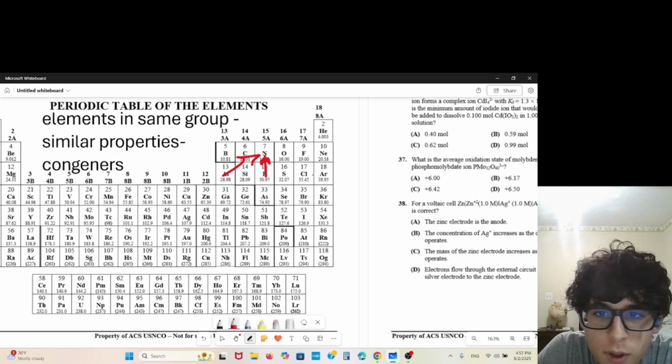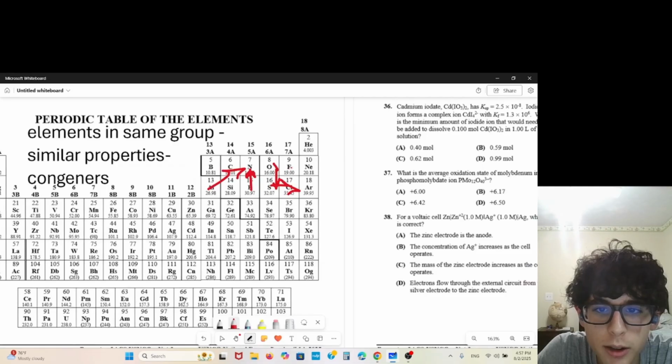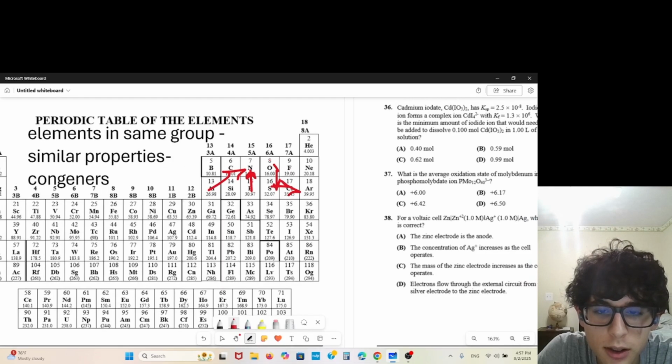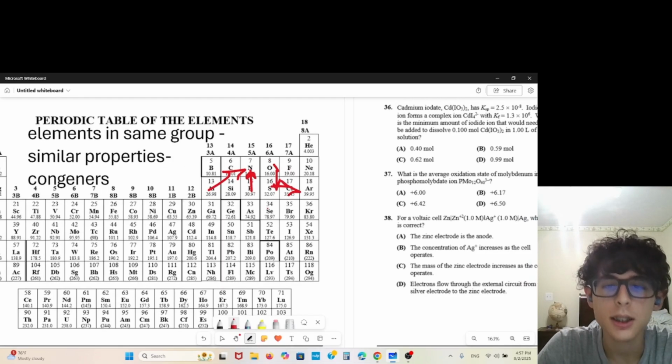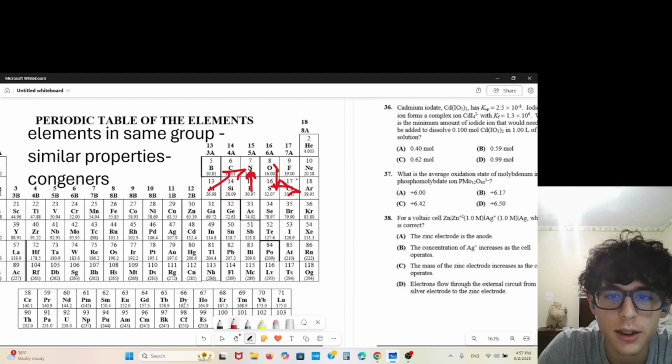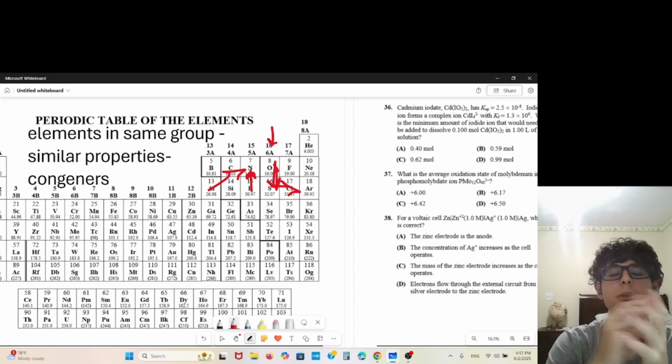O and Cl increase because of more protons, and a decrease due to size. This decrease due to size is going to be greater than this increase, so it's still going to decrease. Now, N to P is going to decrease.